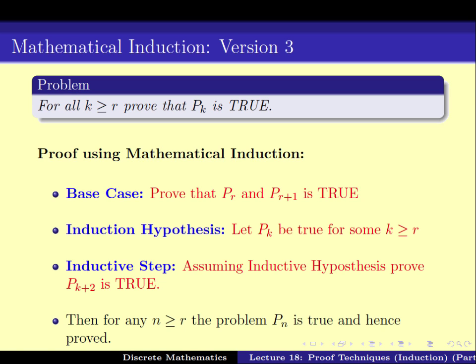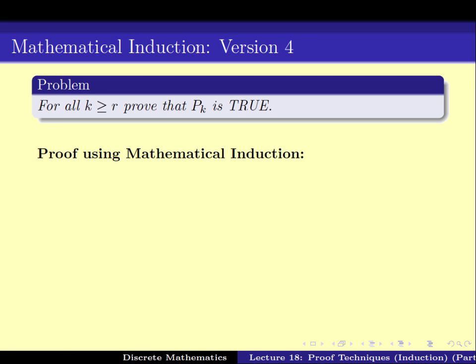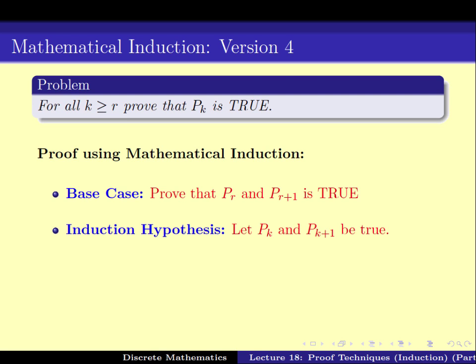Now there is a zillion more versions that can be done. I will give you one more version here. For the same problem, where for all k greater than or equal to r, we want to prove Pk is true, we have the same base case, that we prove that Pr and Pr plus 1 are true.